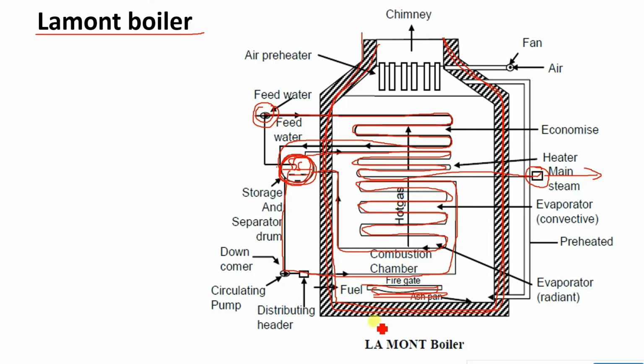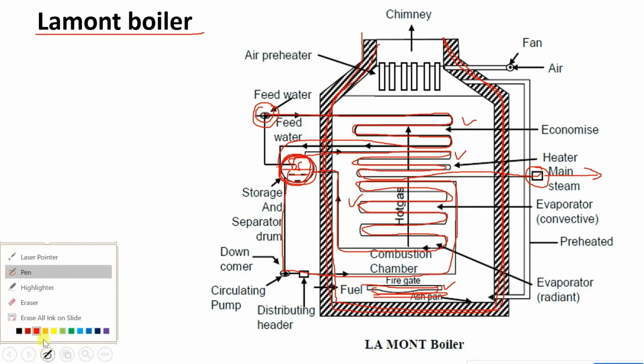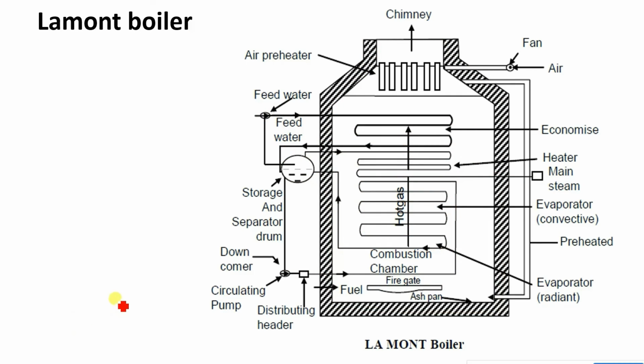So it contains an economizer, evaporator, and superheater. Now you have understood the water cycle in this plant.